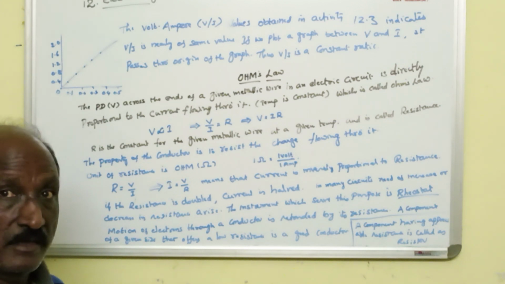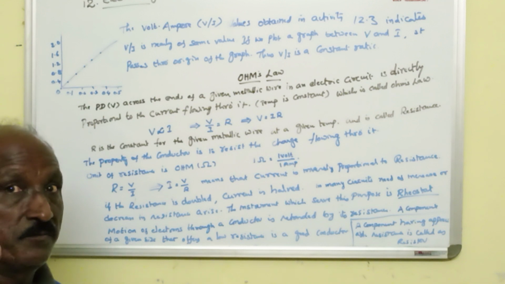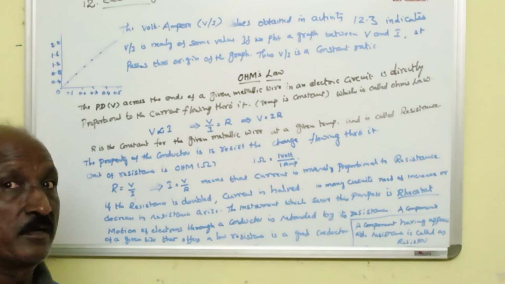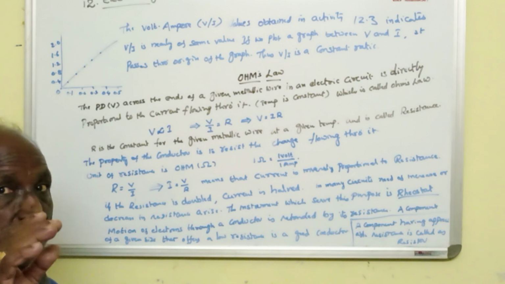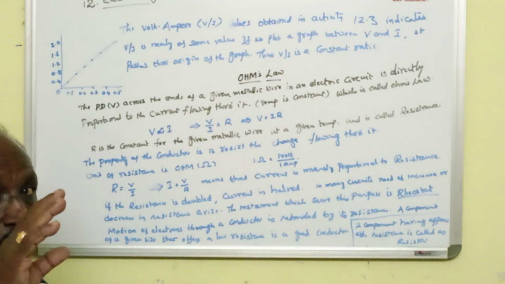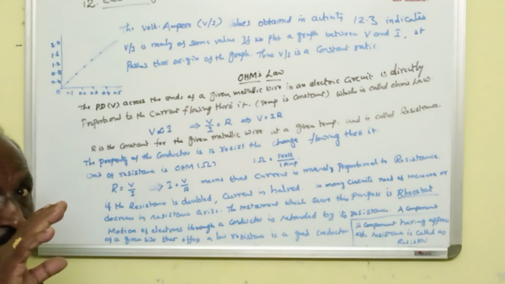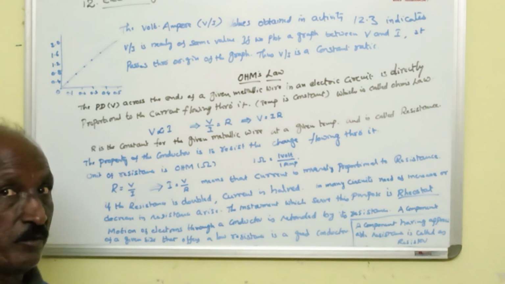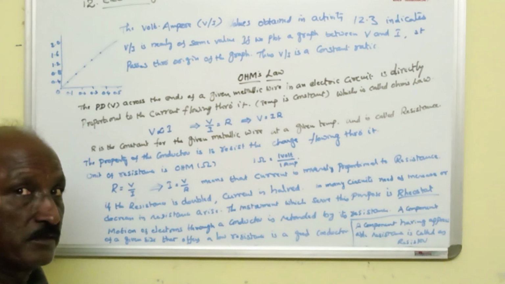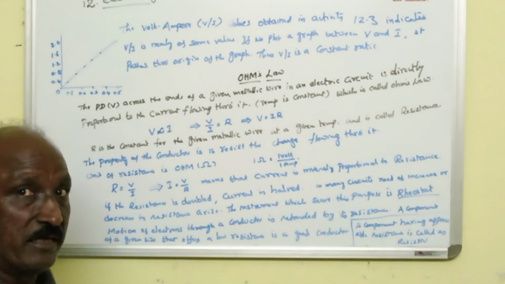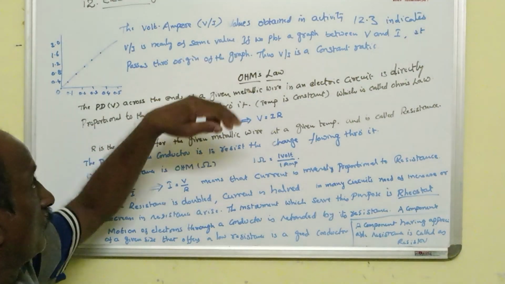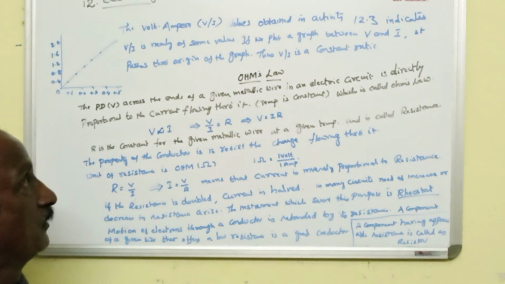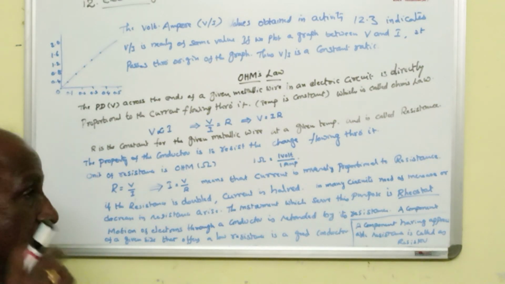That activity is to study the relationship between voltage and current, V and I. In the last column of the table, we notice the constant value of V by I. Based on that, we are continuing this session.